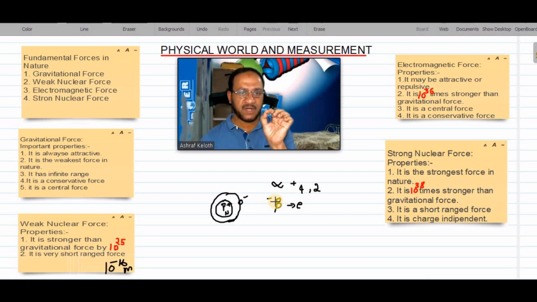Beta particles are nothing but electrons, with negative charge, and the magnitude of the charge is 1.6 into 10 raised to minus 19 coulomb. They come from the nucleus. How is it possible? What happens during beta decay?